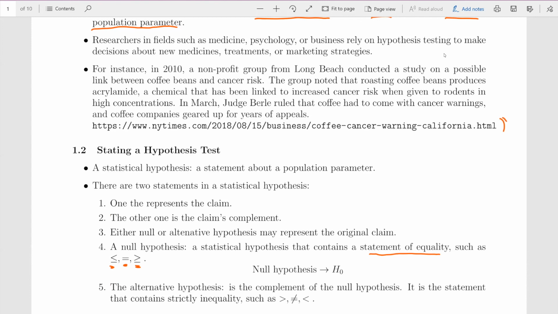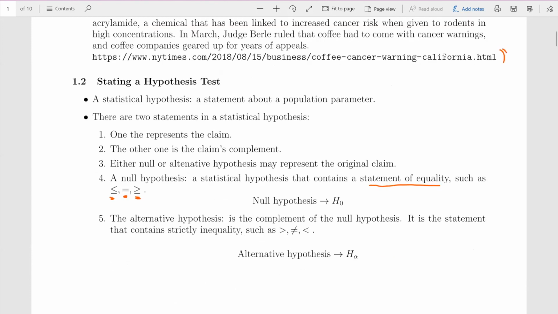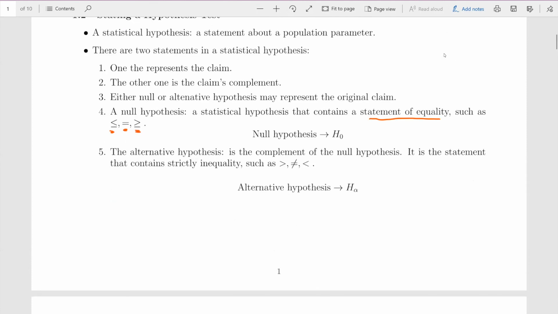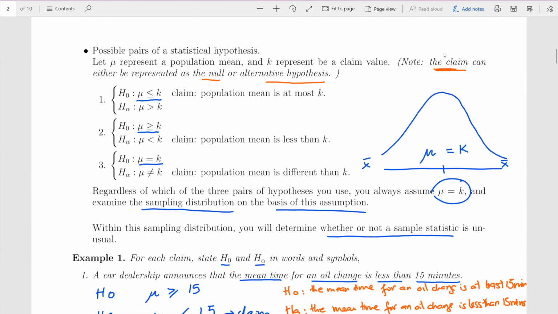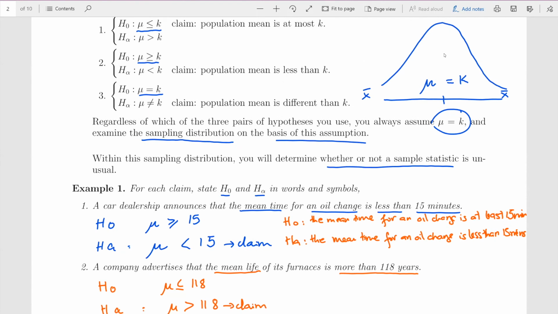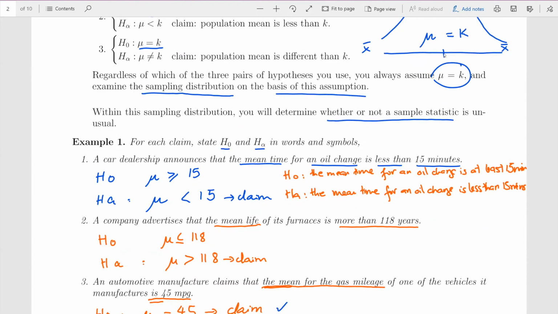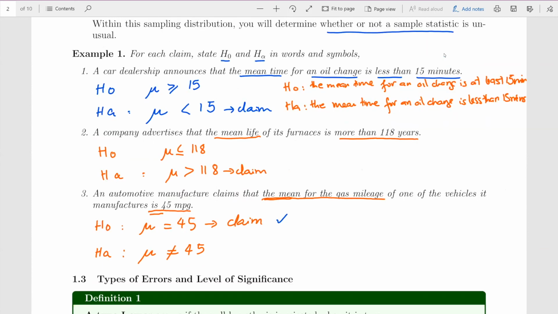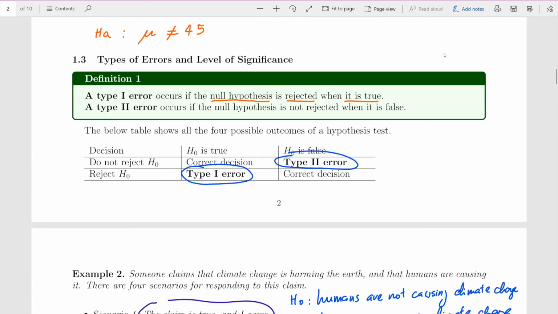Which type of error is more dangerous in different contexts? How can you use the level of significance and the p-value of your hypothesis test in order to make a decision whether you reject the null hypothesis or fail to reject the null hypothesis? And how can you interpret your decisions based on each context?